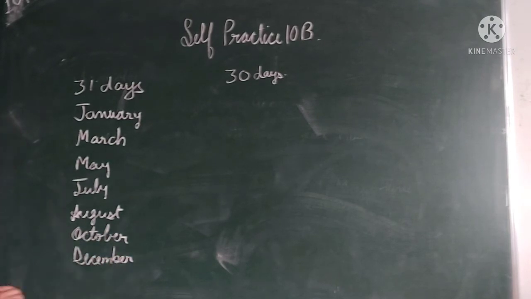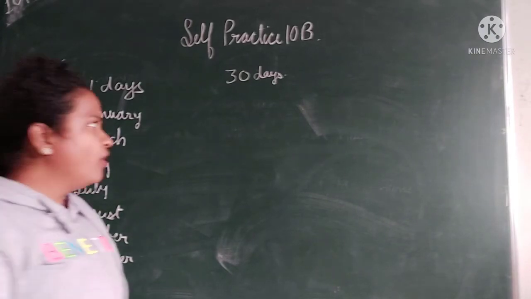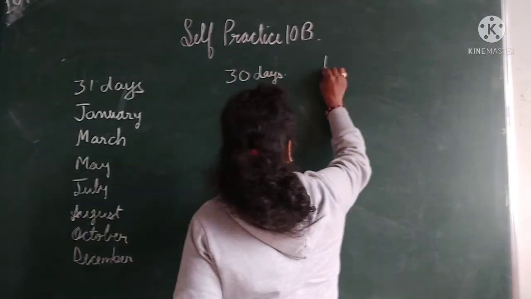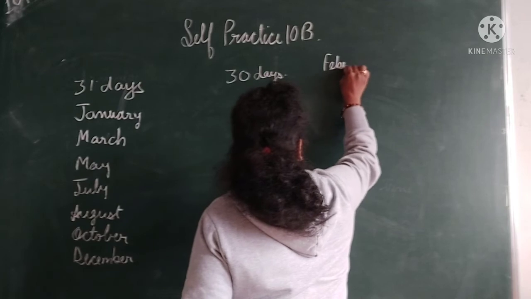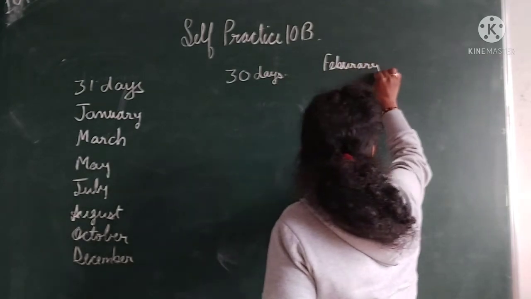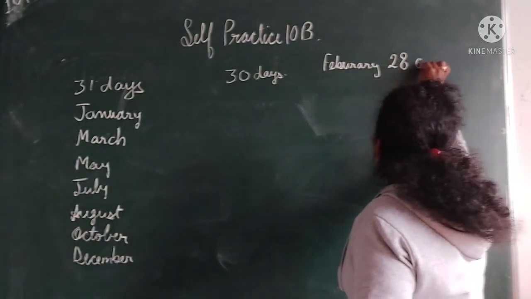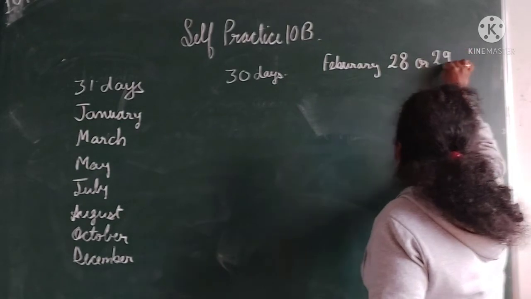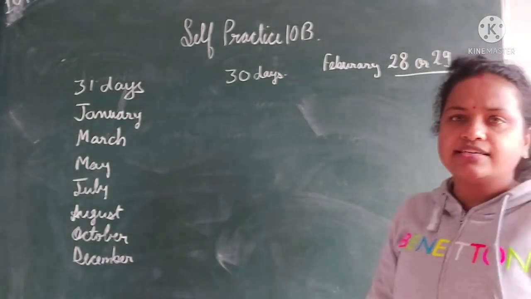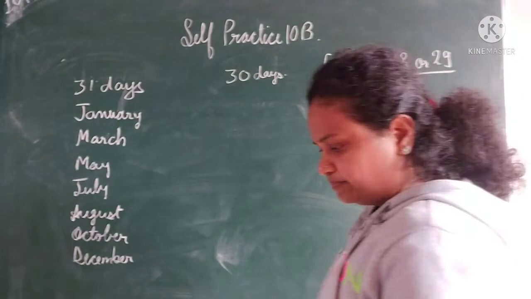31 days. Okay. We all know that February may be 28 or 29 days. After every 4 years it has 29 days.